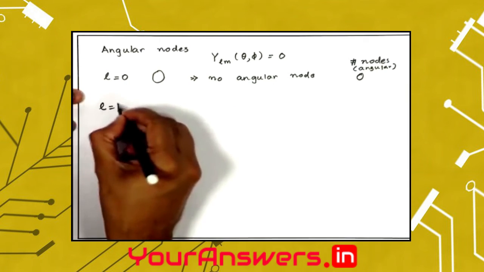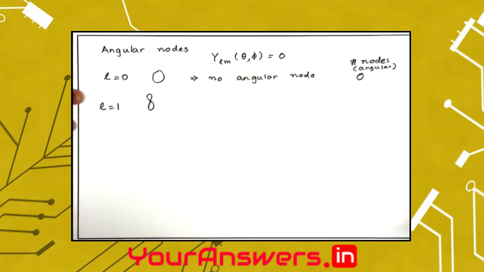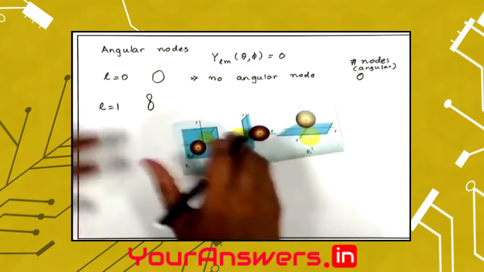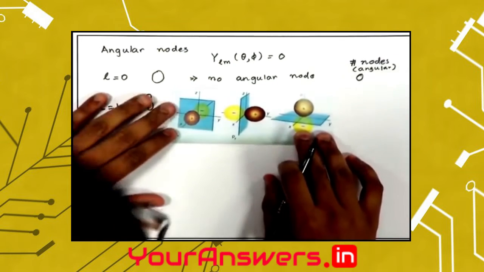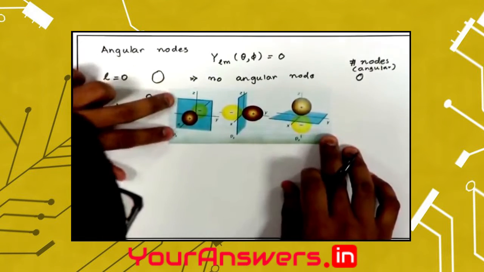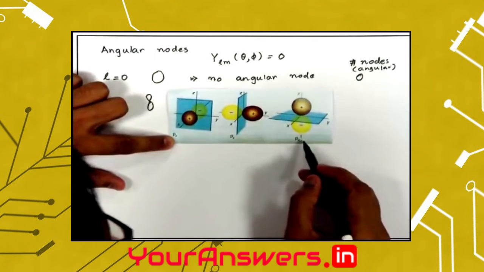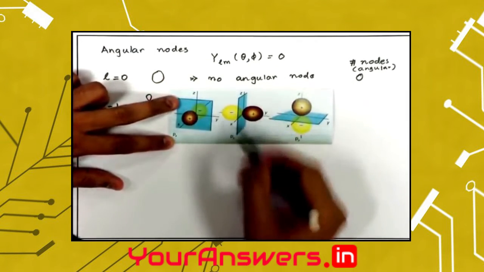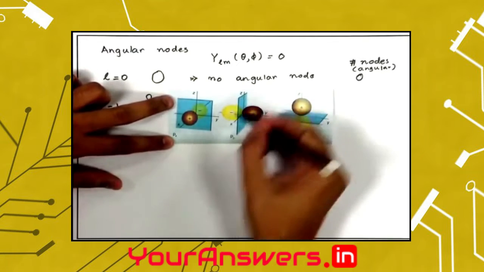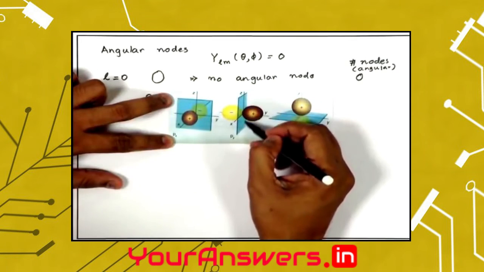When L is 1, we know the shape is like this. If you look at the p x, p y, p z orbitals that we have already shown, the 3 p orbitals, you can identify the lobes, and what is shown here is a plane where the probability density becomes 0.